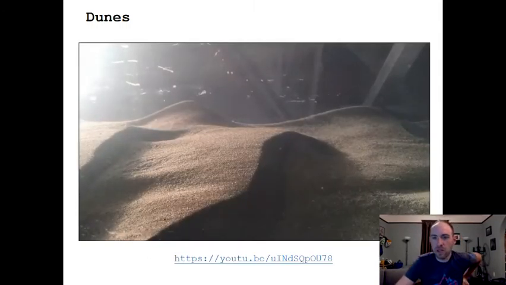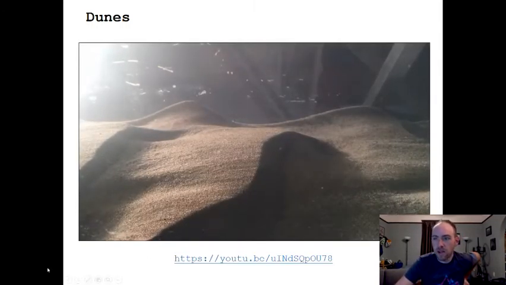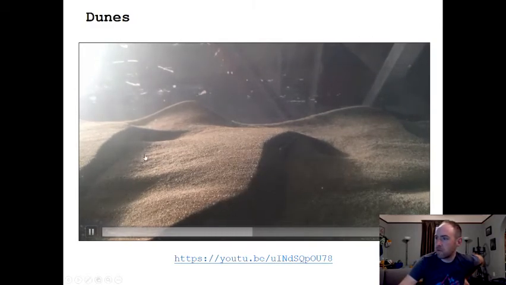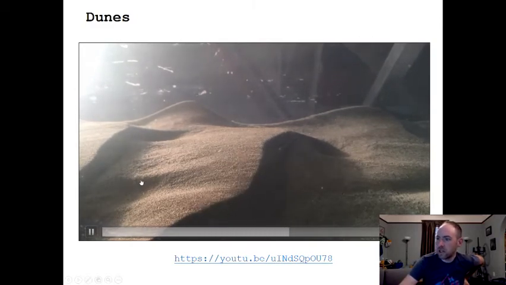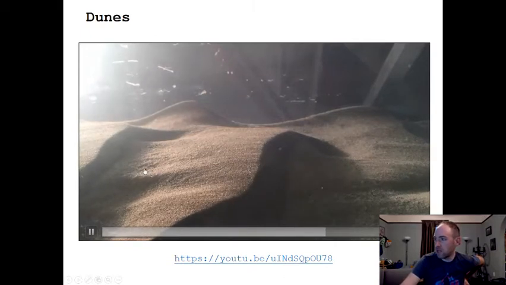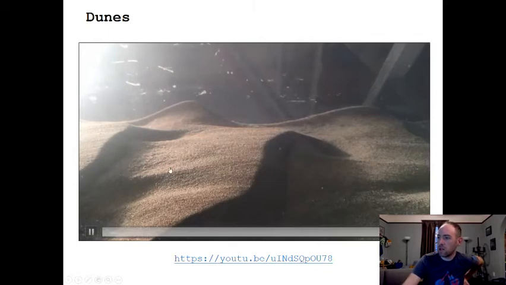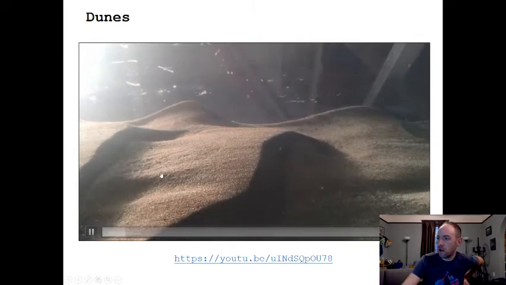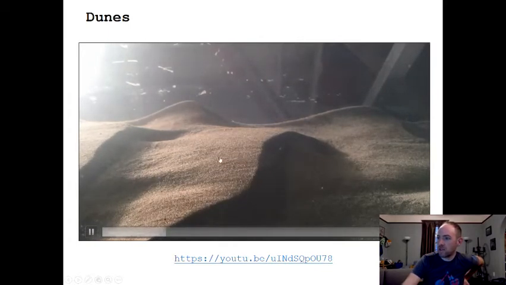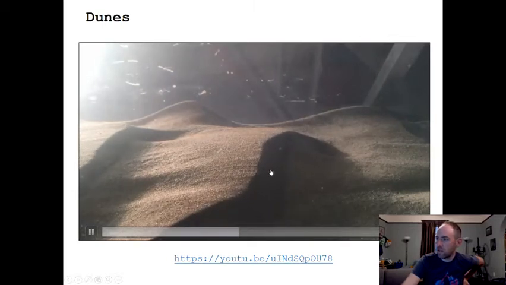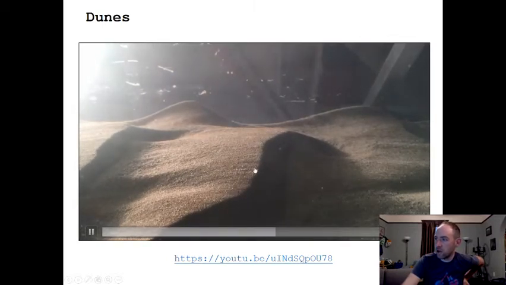And so what that looks like here is this is a video from a flume experiment that I did for my dissertation. And you can see this is sped up, so it's a high-speed video. You can see the particles being entrained and moved as bedload off the backs of this dune here, and you can watch as they get deposited on the front, and you can see little avalanches occurring, right?